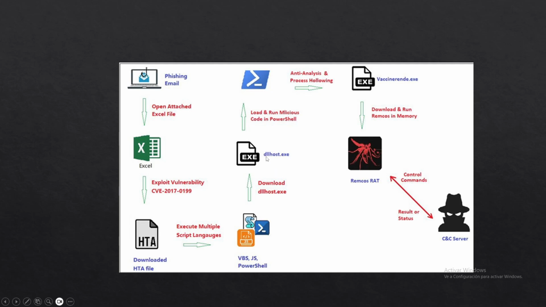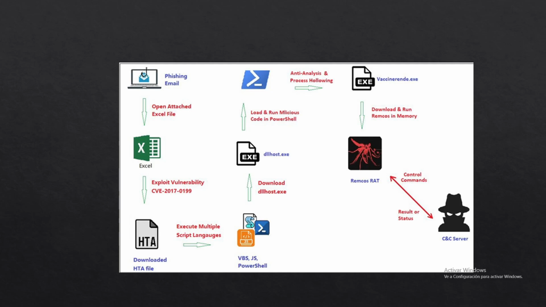So it turns into this dllhost.exe, which is a legitimate file on Windows 32. Now it loads and runs malicious code in PowerShell. It uses anti-analysis and process hollowing. It converts into the malware that can be downloaded and run in memory.